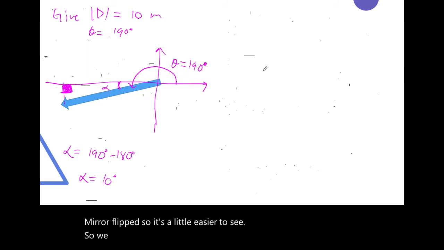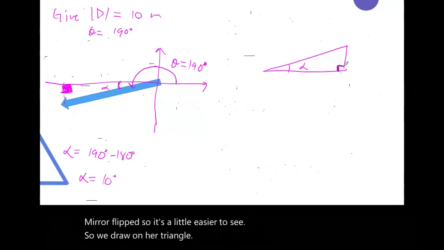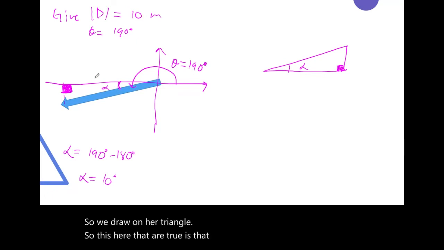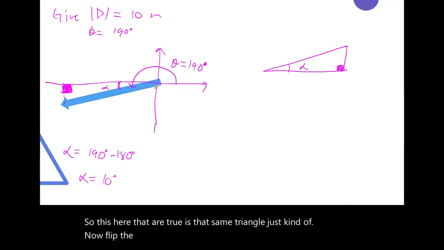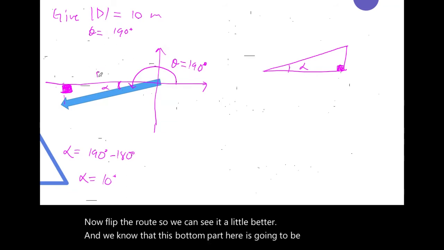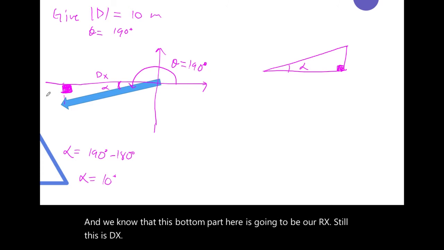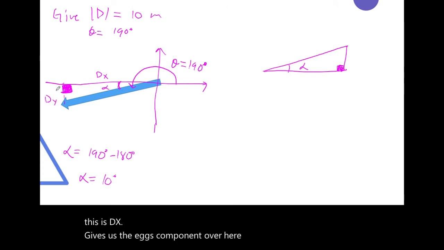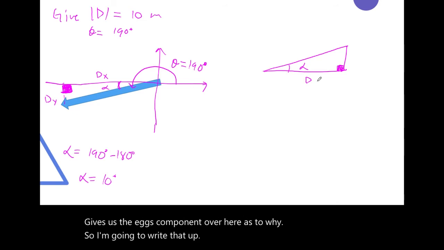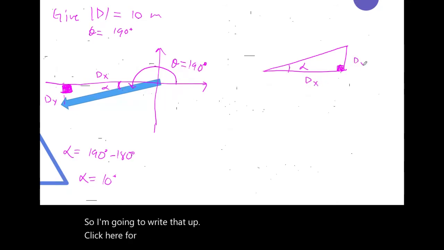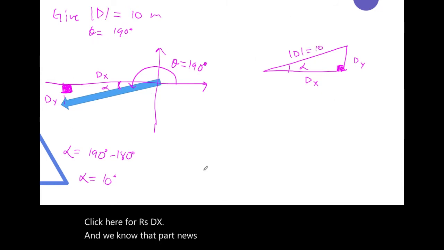So this here that I drew is that same triangle, just flipped around so we can see it a little better. This bottom part is going to be our x still. This is dx, the x component, over here is dy, and we know the hypotenuse is 10.